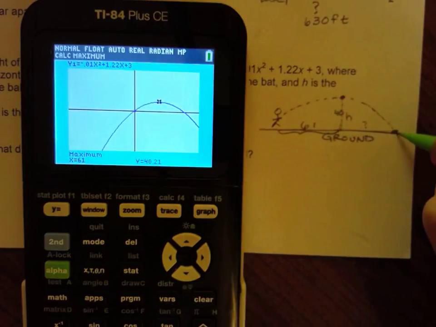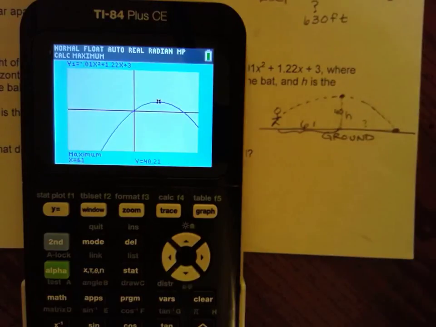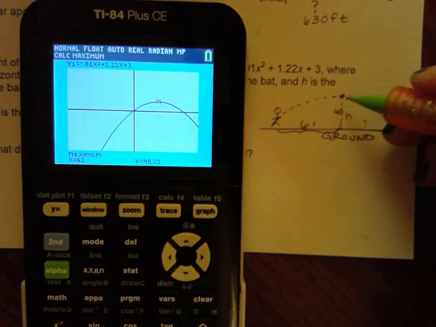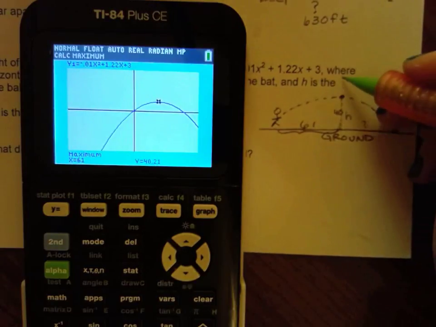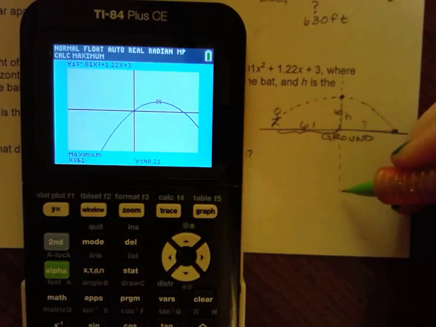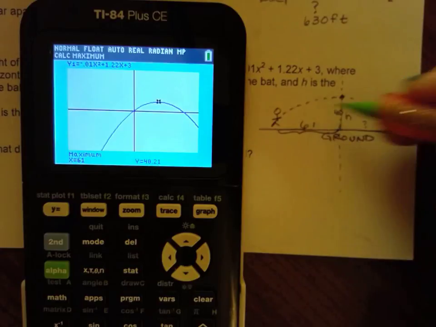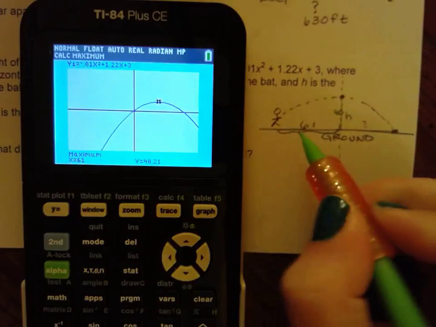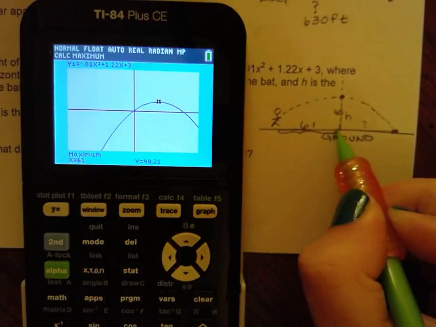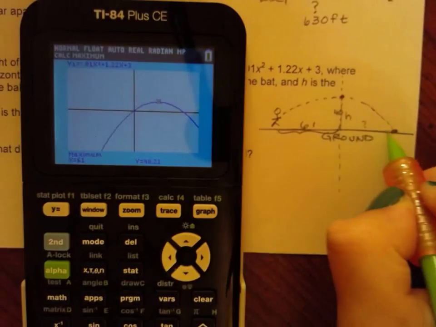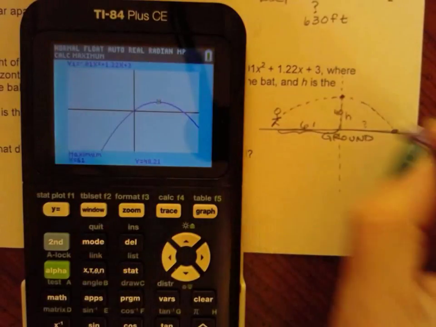Because this x-intercept is where the ball hits the ground. It goes up here and then hits down here. Remember that if this is the middle, then the axis of symmetry goes down through the middle, and a parabola is the same on each side. It's symmetrical. So if it's 61 on this side, it's also going to be 61 on the other side.